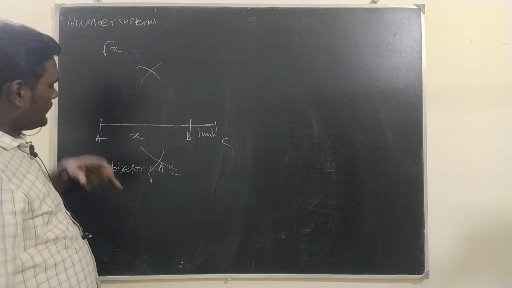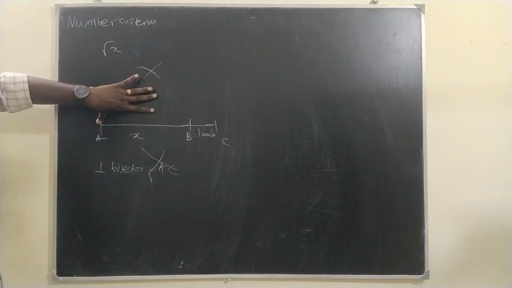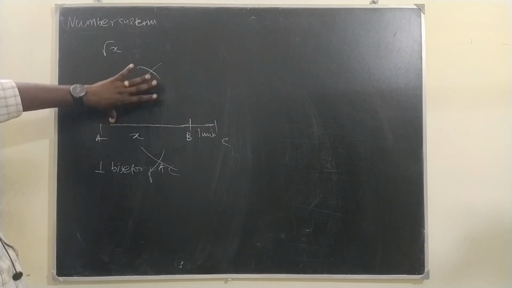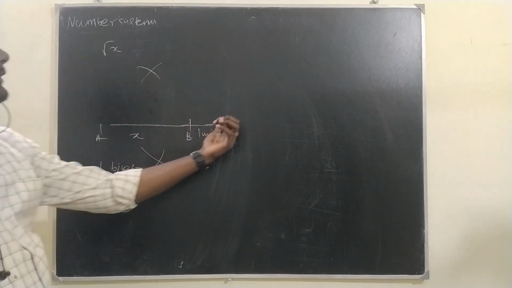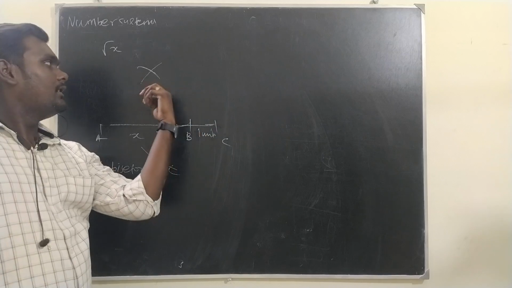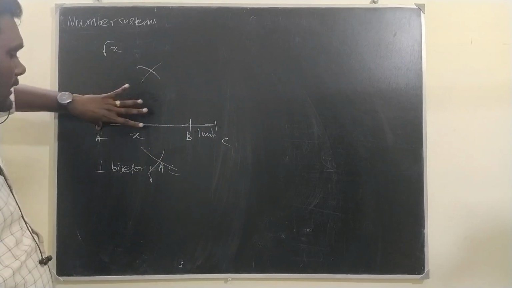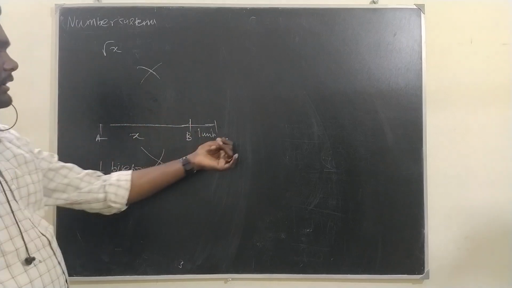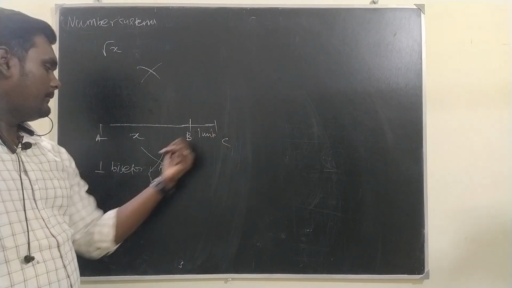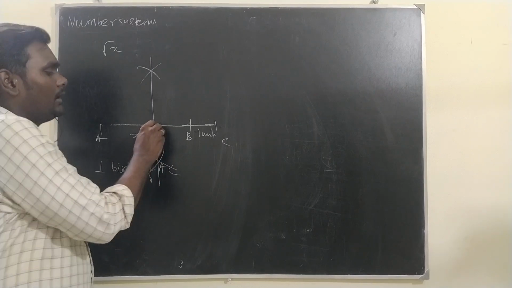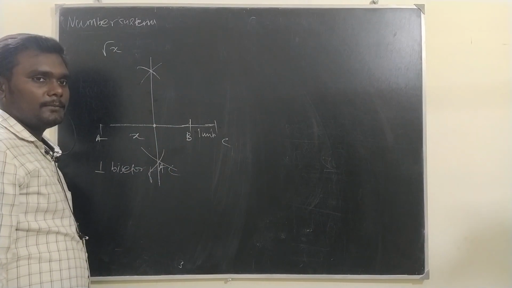By taking your compass, measuring more than half of this line AC, not AB, we can draw one arc upwards and then keep the compass again at the point C and draw one arc. Likewise, below also, keeping the point at A, one arc, and keeping the pointer at C, one arc, and these can be connected. The point at which this is intersecting is the midpoint.